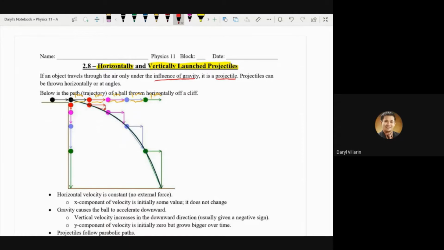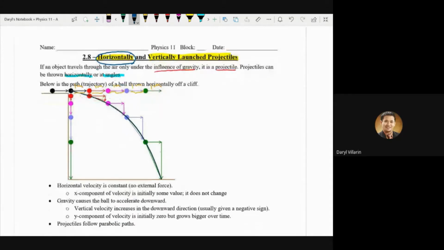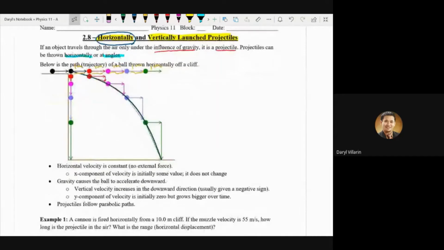And projectiles can be thrown horizontally or at a certain angle. But the focus for now is just horizontally launched. So I've shown you last time this motion of an object being launched horizontally.